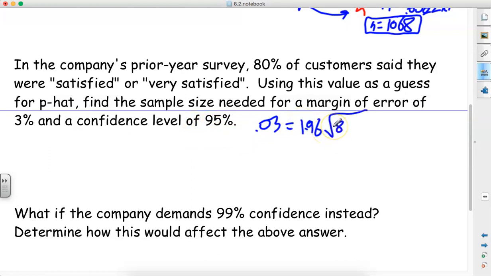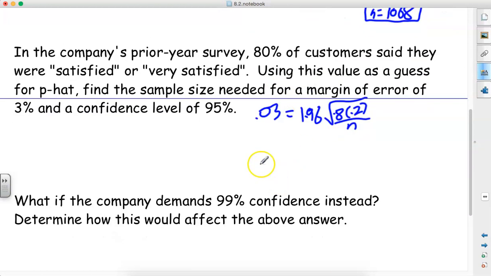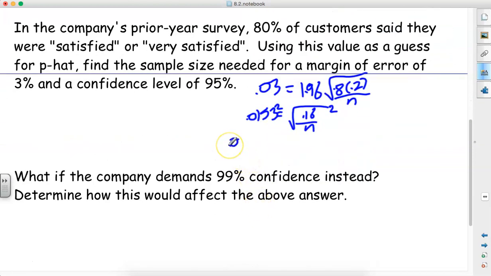But now we're going to do 0.8 for P, times 0.2 for Q, because it's 1 minus P, divided by N. So once we divide 0.03 by 1.96, we get the same thing we got before, which is 0.0153. All right, and then over here we've got the square root of 0.8 times 0.2 is 0.16 this time. Okay, all the other steps are the same except that number at the end is going to be different. We square that and we get 0.000234.